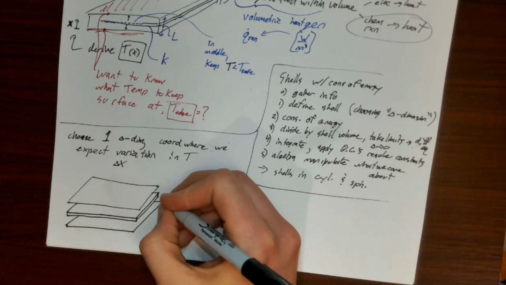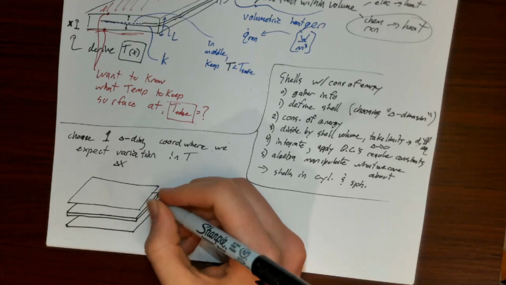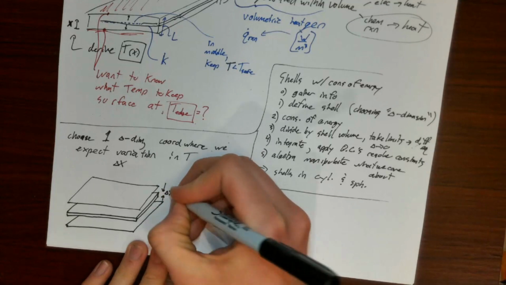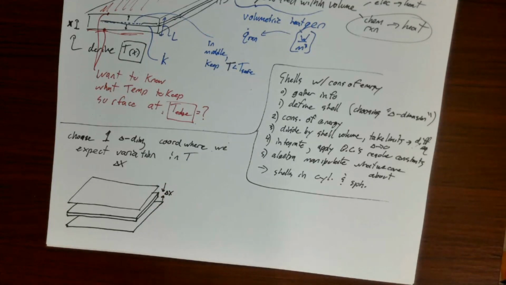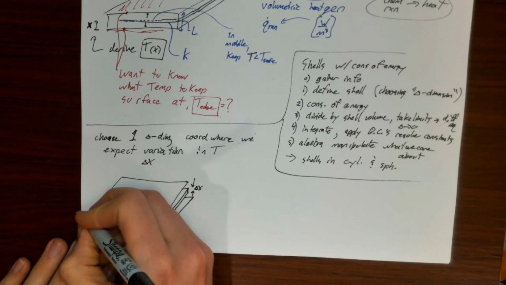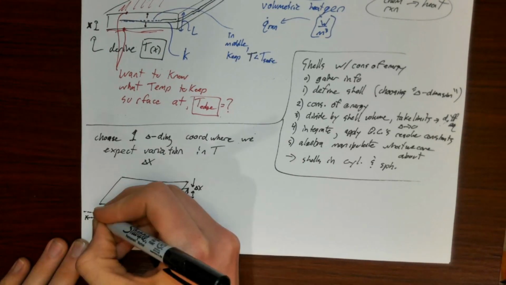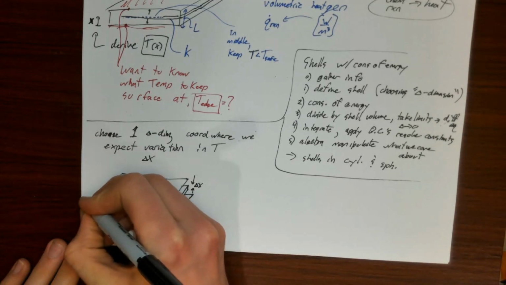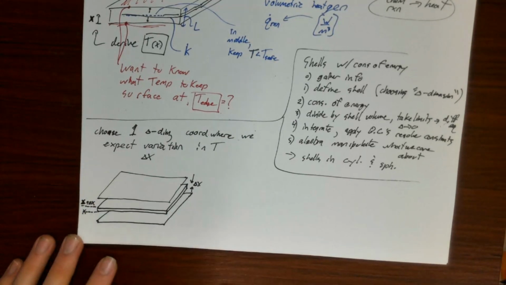So what does my shell look like? My shell has a thickness, let's say delta x. The position at this point in the shell is at location x, and the position at this top point in the shell is at location x plus delta x.